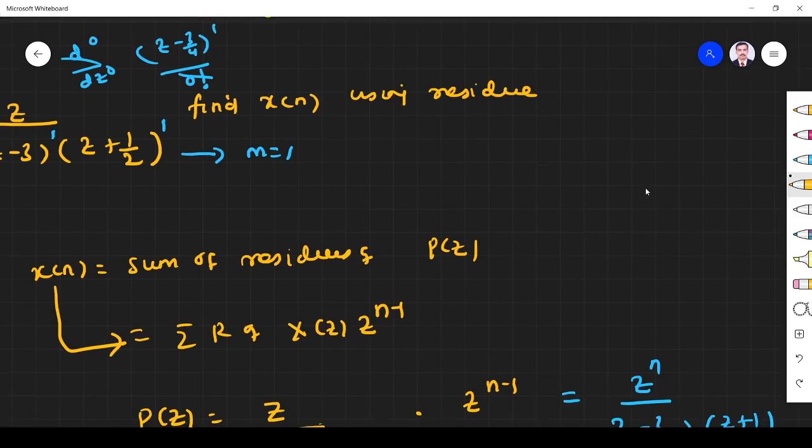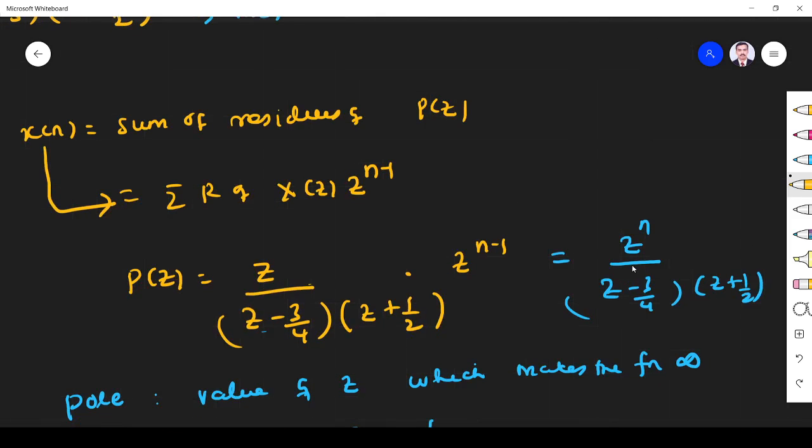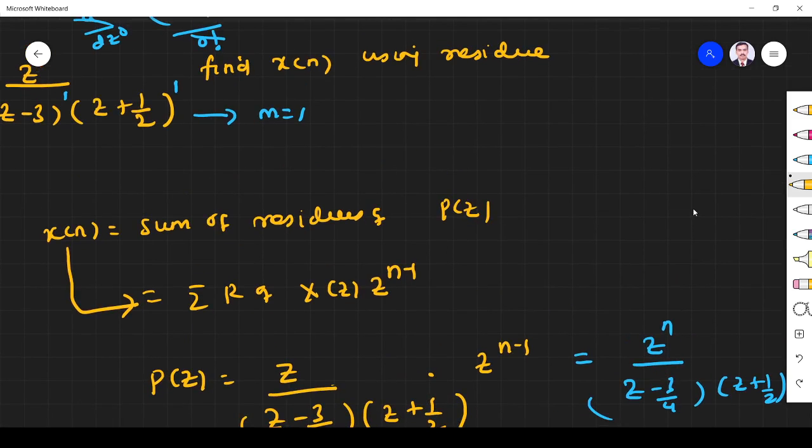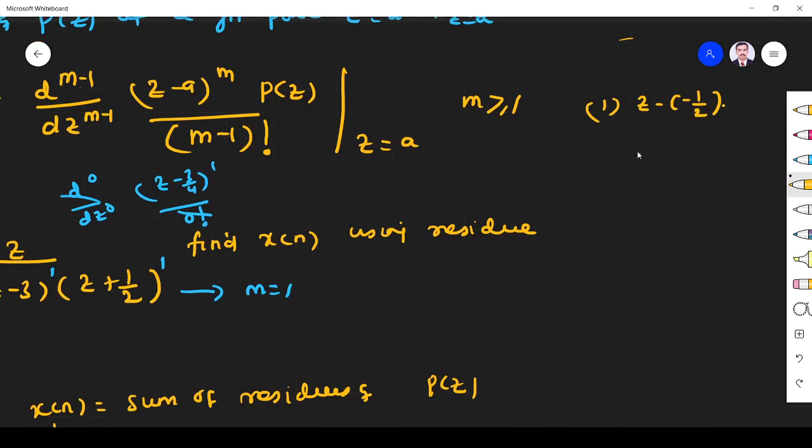What is that? This is my P(z): z power n divided by (z minus 3 by 4) into (z plus 1 by 2). So I can write P(z) is z power n divided by (z minus 3 by 4) into (z plus 1 by 2).